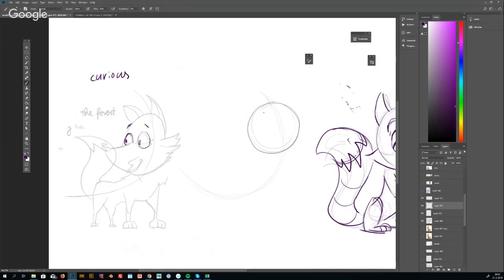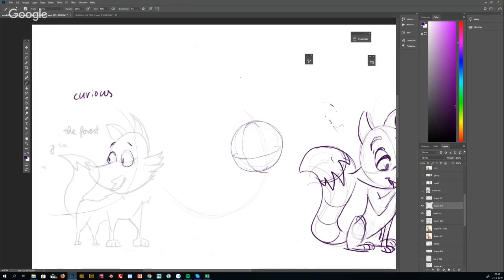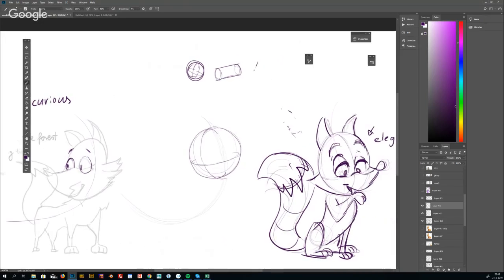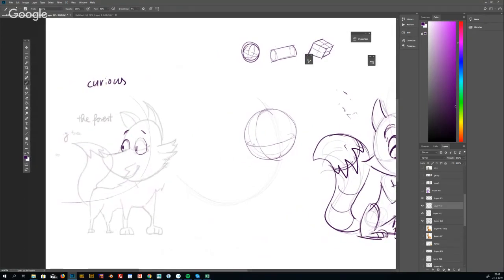So start with a circle, and it's okay if it's messy now. And then add a line. So what I do is I often start to draw in circles like this, in cylinders like this, or in cubes. So let's start with this.